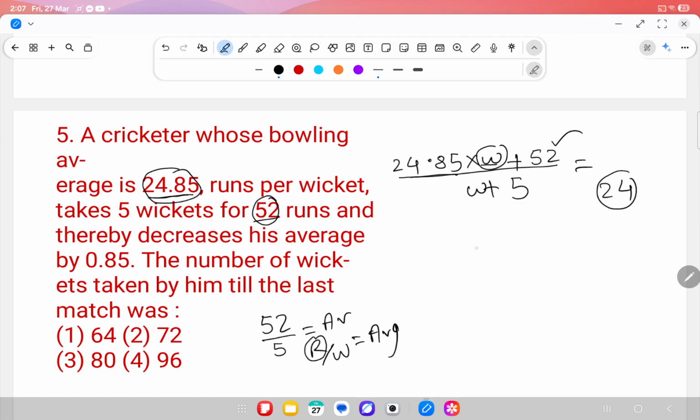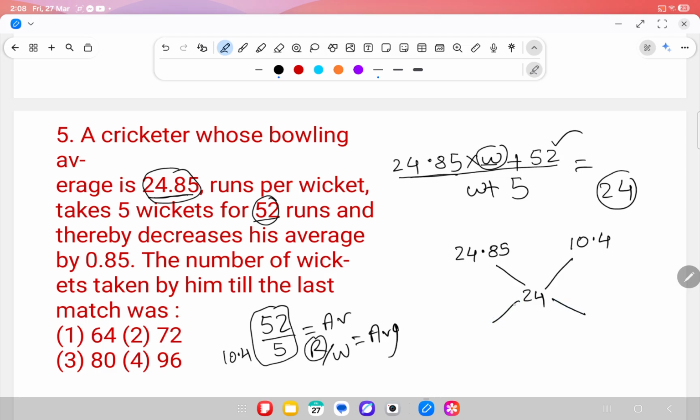But see, this can be done by alligation also. 24.85 is the initial. Then 52 by 5 is 10.4, which is the average for the last few innings, for the 5 wickets he has taken. Then the overall average got reduced by 0.85, means it became 24.